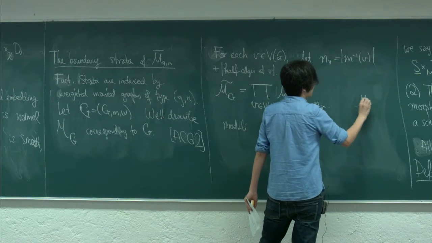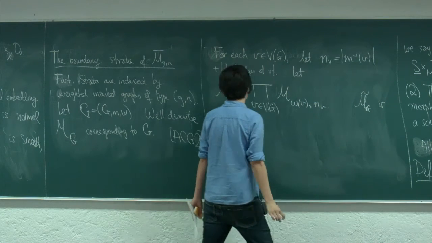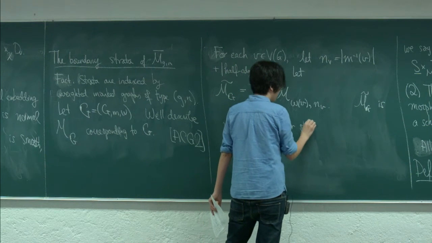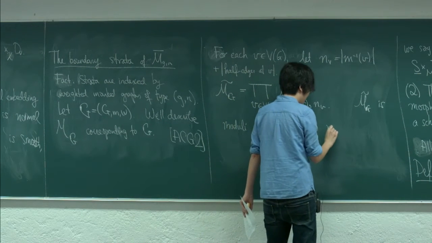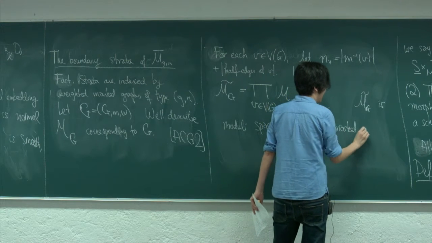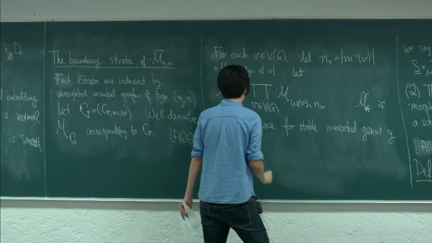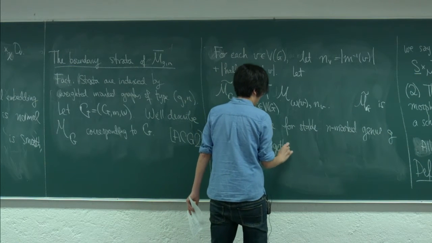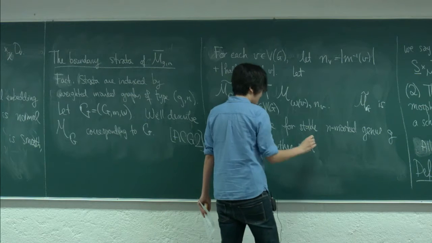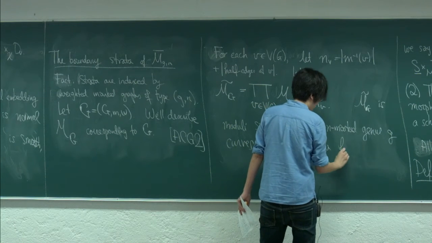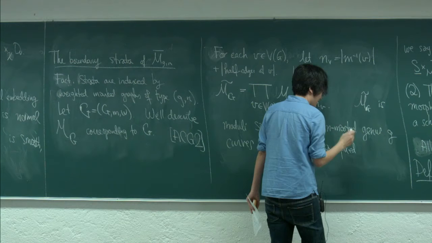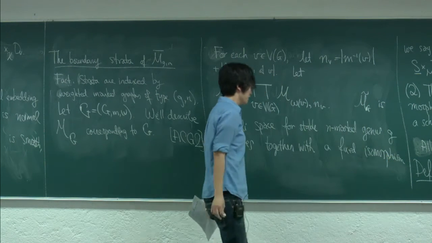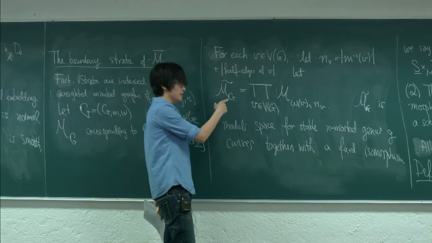So M_G tilde is a moduli space for stable curves of type G, n, stable n-marked genus g curves, together with some rigidifying data, namely, together with a specified fixed isomorphism from the dual graph of that stable curve to G.